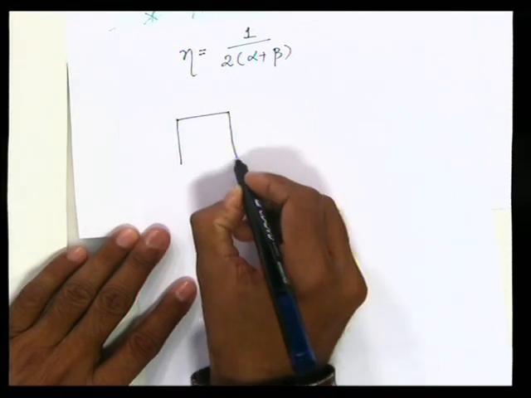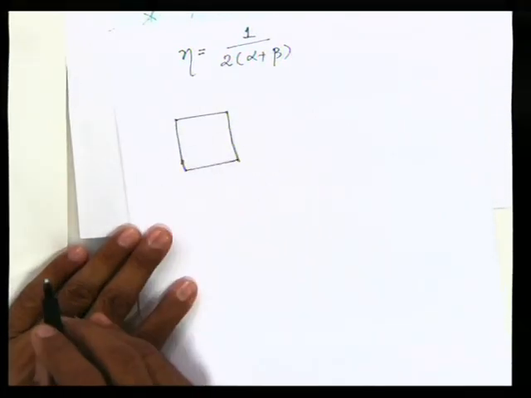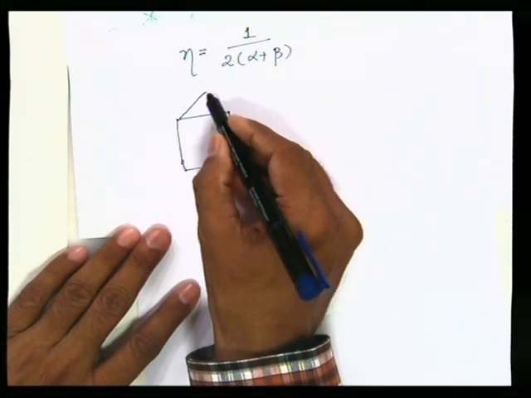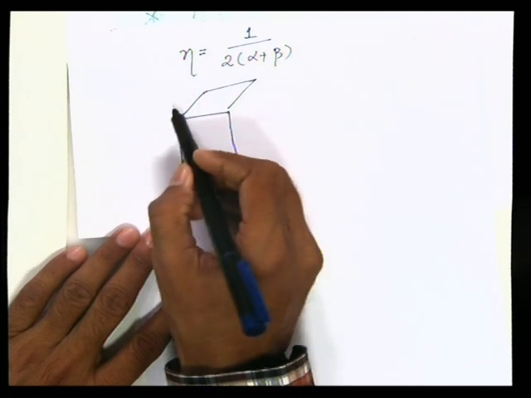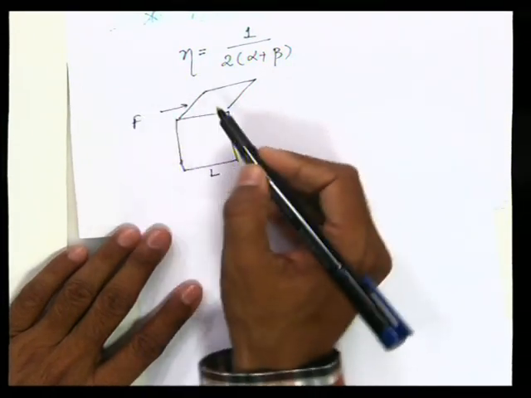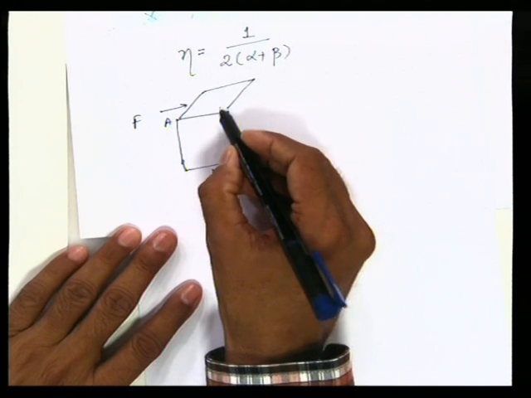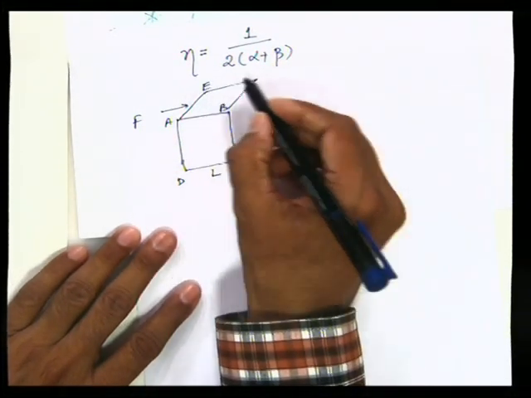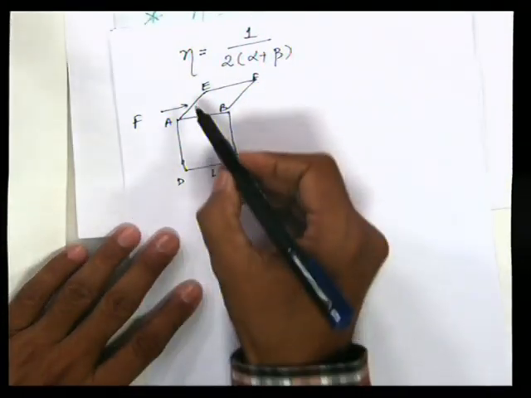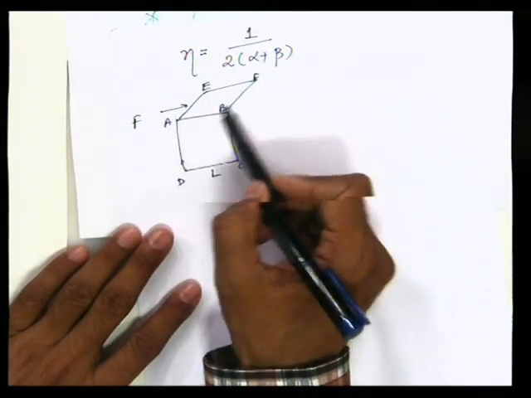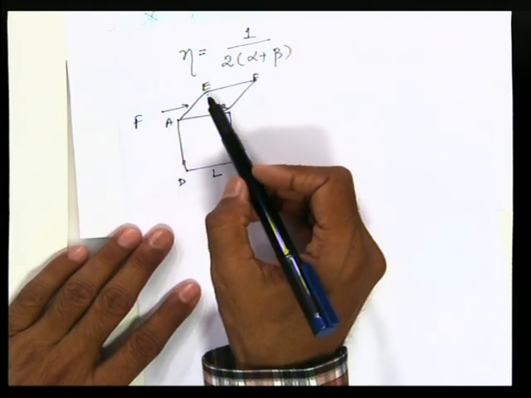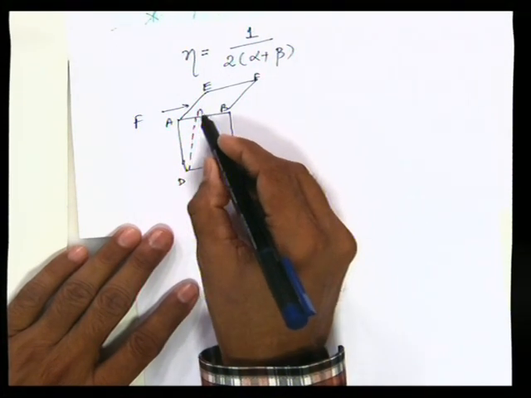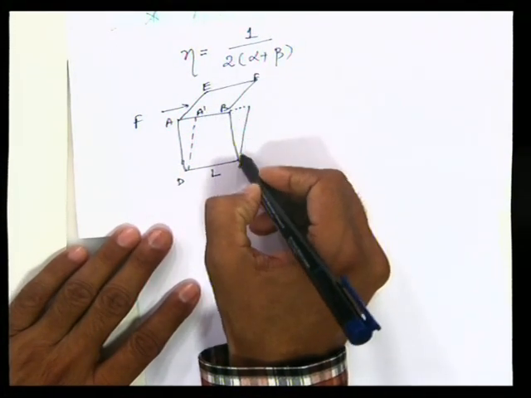Let us consider a cube with side L. Now here we are applying shearing stress. In this way, force is applied parallel to the upper face, say A, B, C, D. This is the front side and EF. The force is applied parallel to the upper face, that is A, B, F, E. So this shearing force will change the shape of the body, A shifts to A dash and B shifts to B dash.